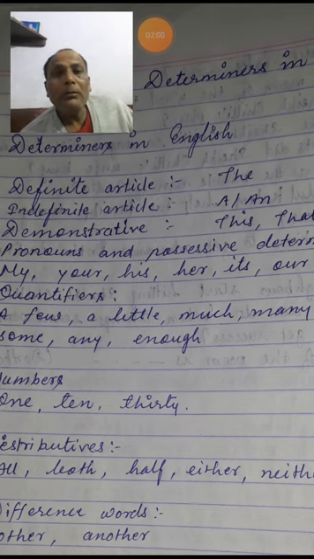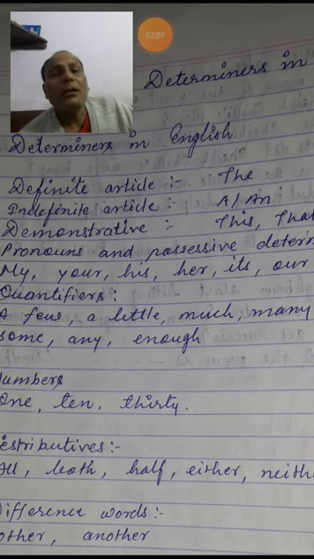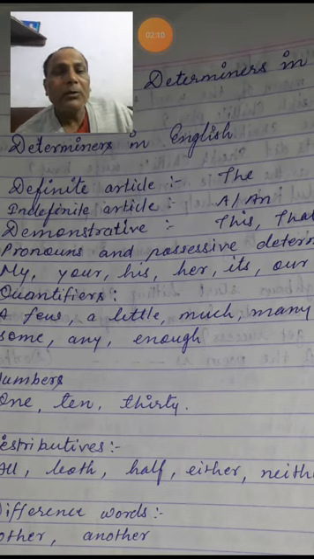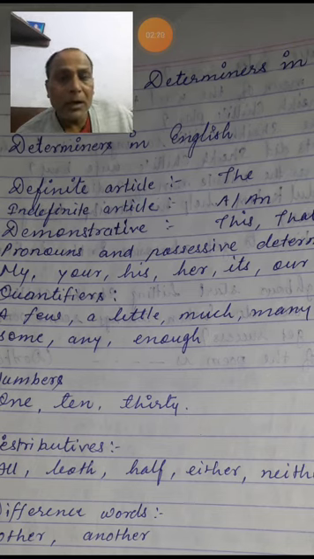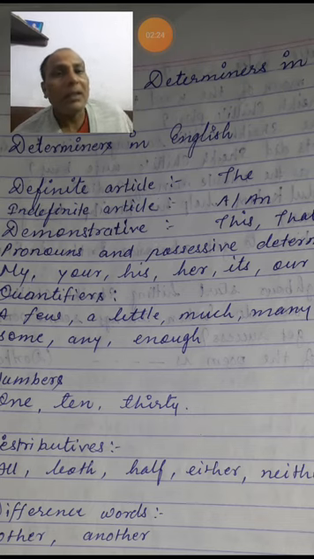If the noun begins with a consonant or vowel letter, we use a or an as per the sound of the first letter of the given word in the noun.